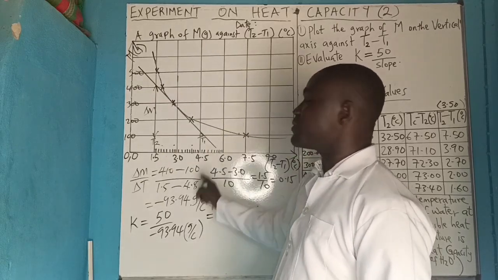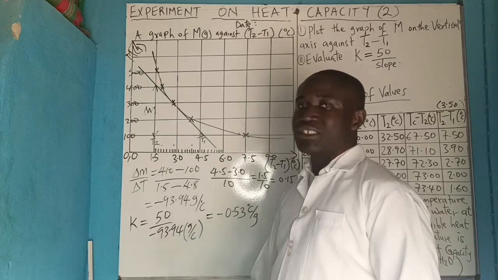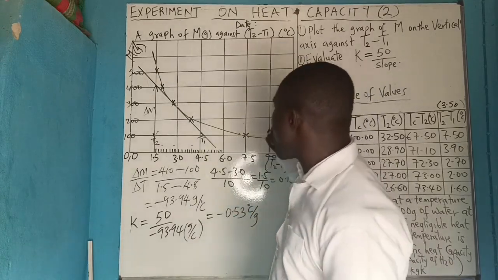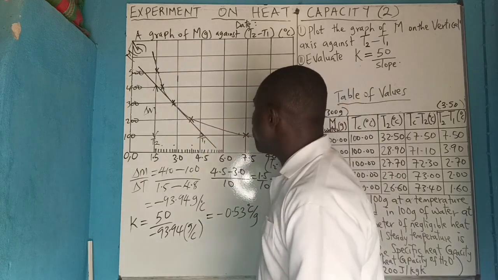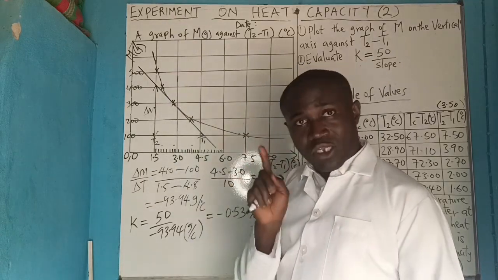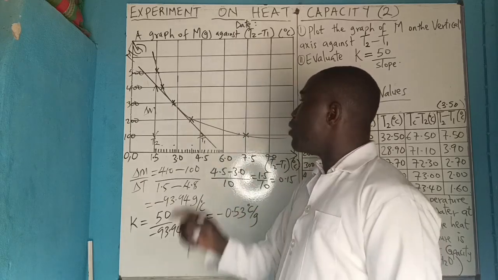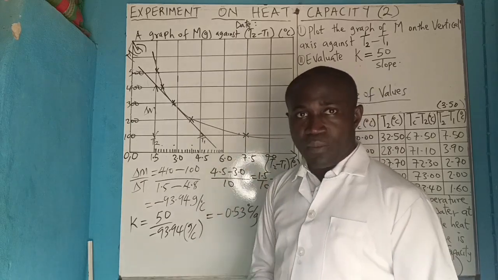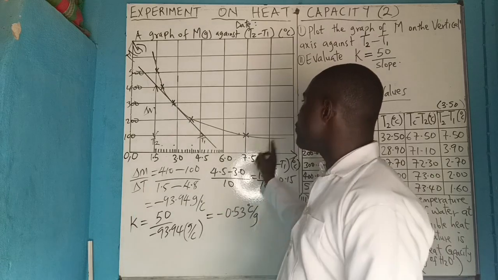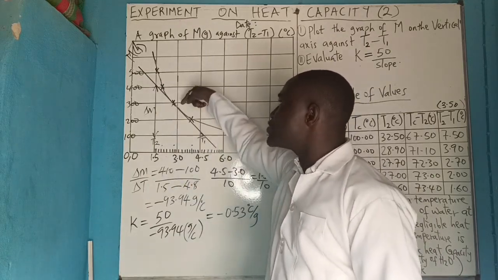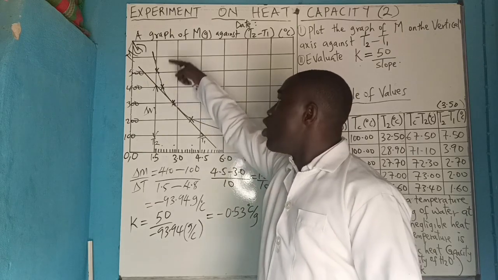Whatever you get from that slope, evaluate it here. Remember I said ordinarily, you don't get a slope from a curve. But because they say get a slope, the only way you can get a slope from this curve is by drawing a straight line to pass through the apex of the curve.